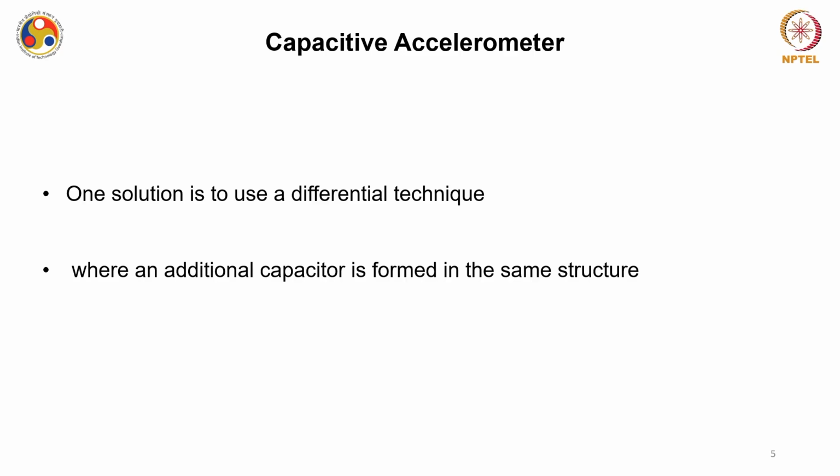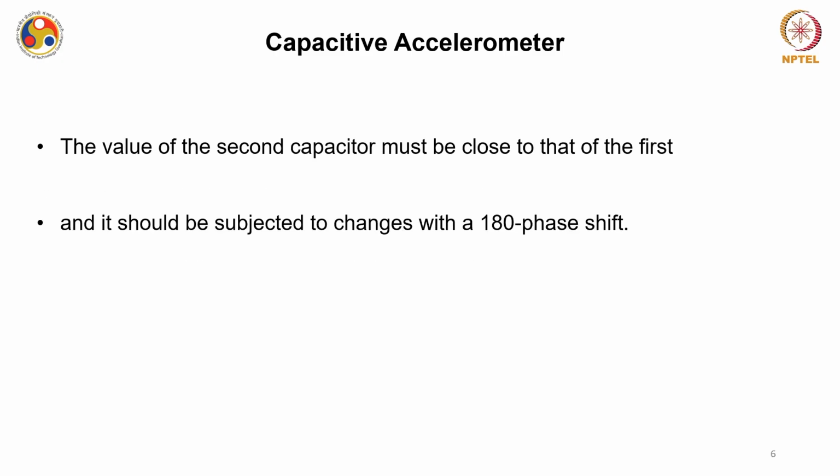One such solution is using this capacitive accelerometer in a differential mode, or what we call the differential technique, where an additional capacitor is formed in the same structure of this microfabricated capacitive device. The value of the second capacitor must be close to that of the first. Of course it cannot be equal, because you cannot make two perfectly identical capacitors, especially in the range of a few tens of micron.